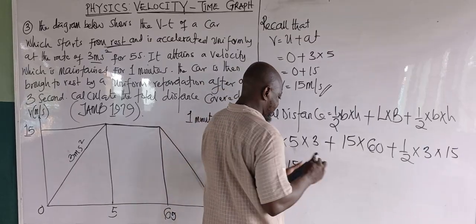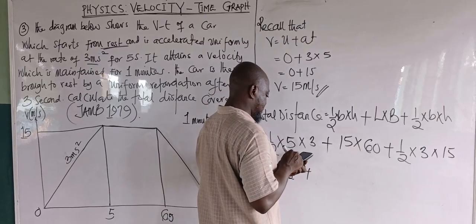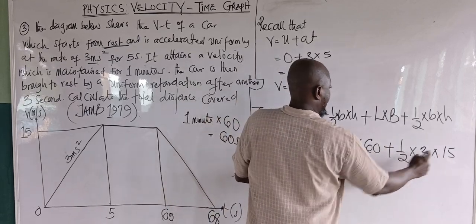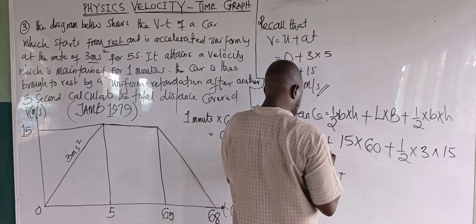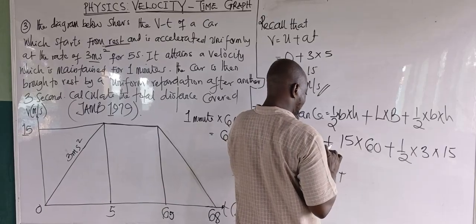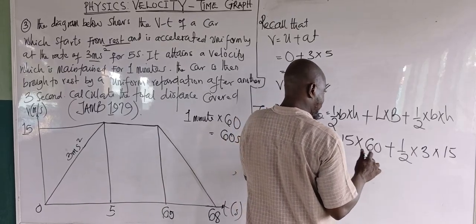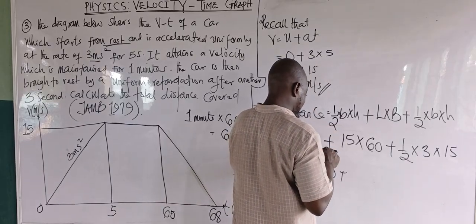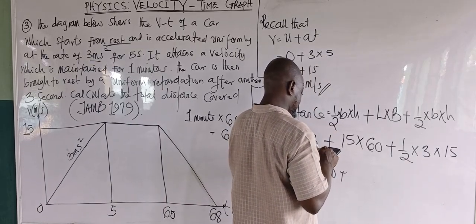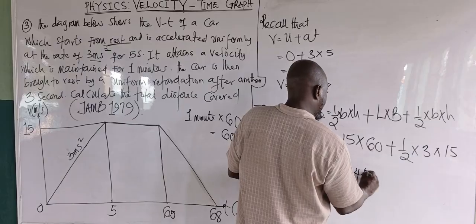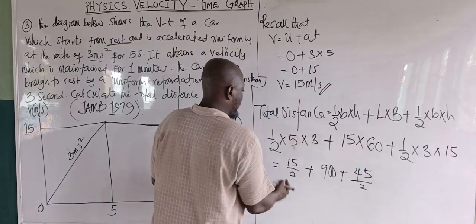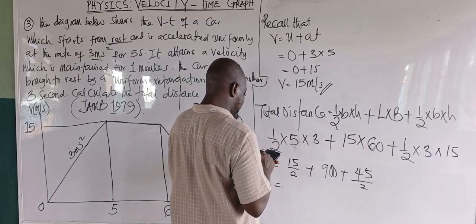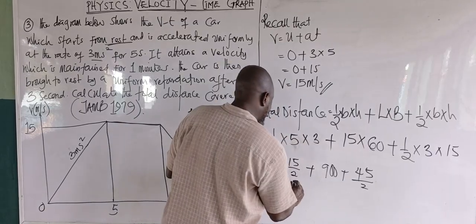Then plus, this will give us 900, please. And then if you do the math, we are having 15 times 3 over 2, which is 45 over 2. Remember, it's dividing by 2. So let's quickly not waste time. If you divide 15 by 2, I'll have it as 7.5.